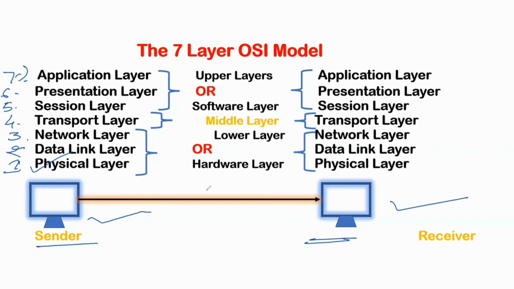So how do these layers work? On the sender side, the application layer is the user interface layer. On this layer we work. Suppose I'm working on my system, currently connected with your system and all the participants.